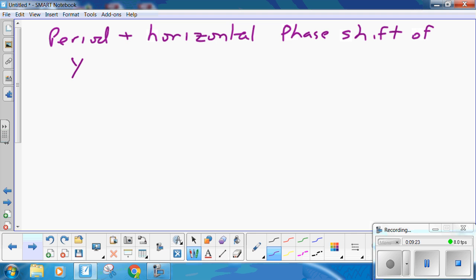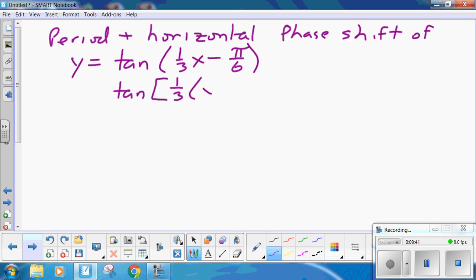Of... oh, we're not falling for that, Mr. Sutton. Now, let's see. Oh, sorry, pi over 2. 1/3 times minus pi over 2 is minus pi over 6. Yes.